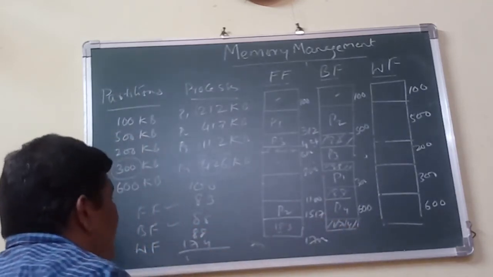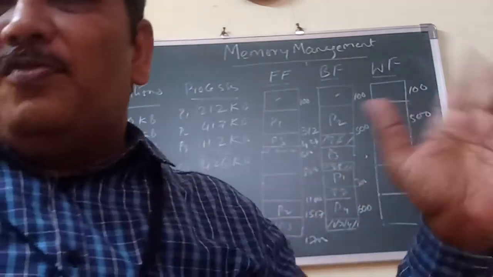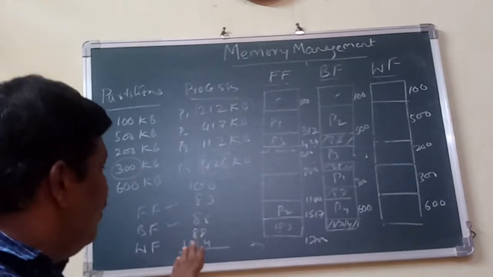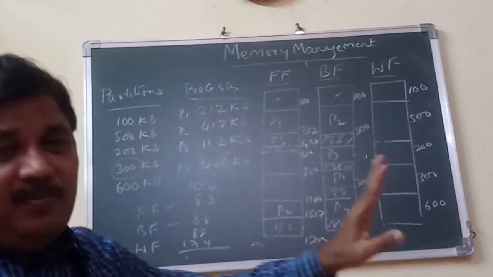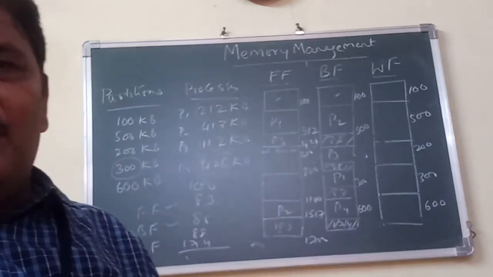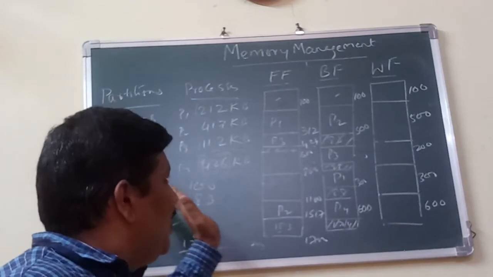So sum it up, it will definitely be less than the first fit case, and moreover, we are in a position to accommodate memory for all the processes. Okay, so best fit works better, right?